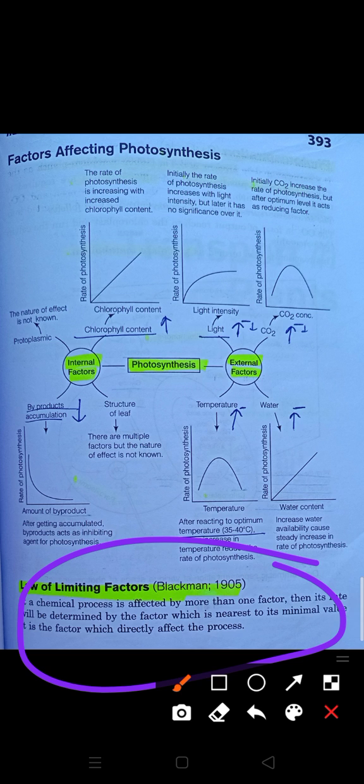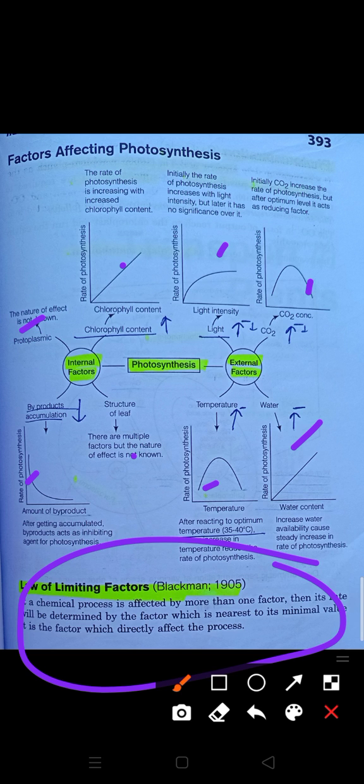So light is there, carbon dioxide is there, plant is green, chlorophyll is there, but if the temperature is not proper, if it is low, then also the photosynthesis process is affected. So we can say that all the factors are very important. If any kind of change occurs in these factors, it directly affects photosynthesis.